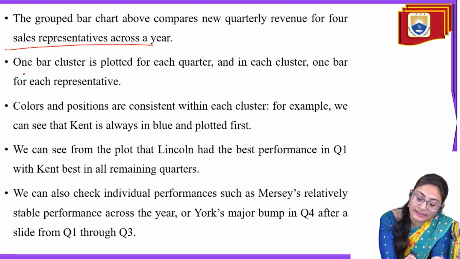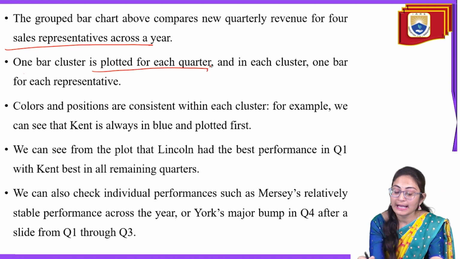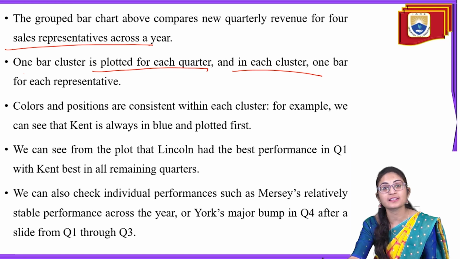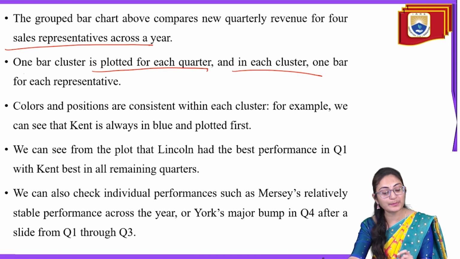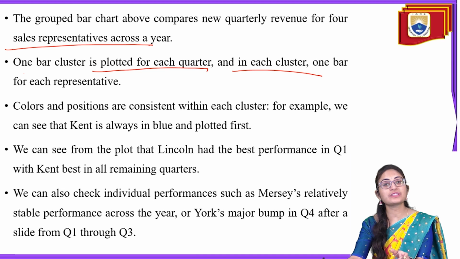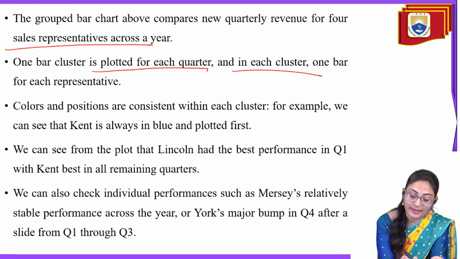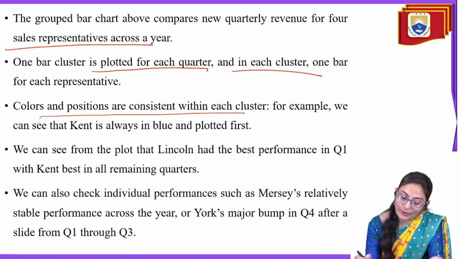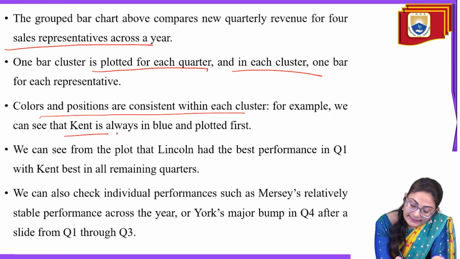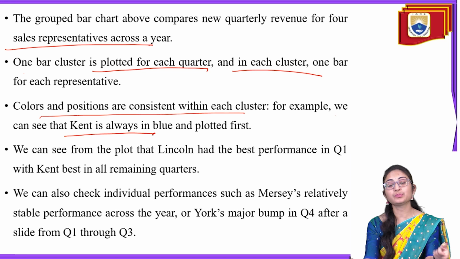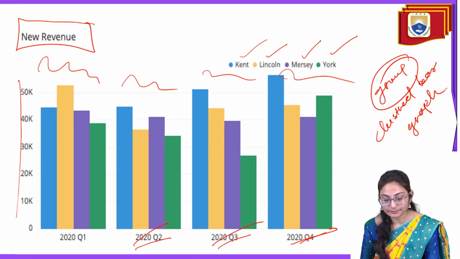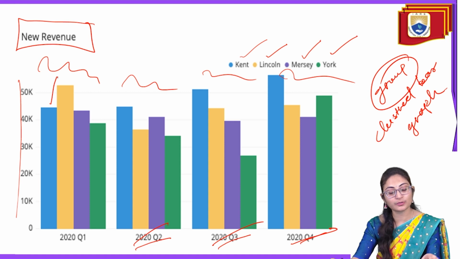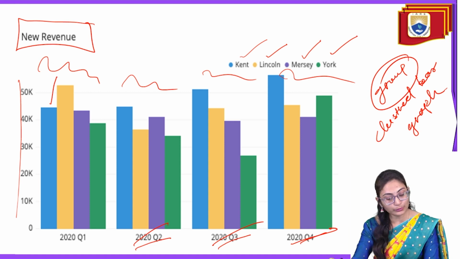One bar cluster is plotted for each quarter, and in each cluster there is one bar for each representative. Colors and positions are consistent within each cluster. For example, we can see that Kent is always in blue and plotted first. You can see here, Kent we have shown in the blue color.